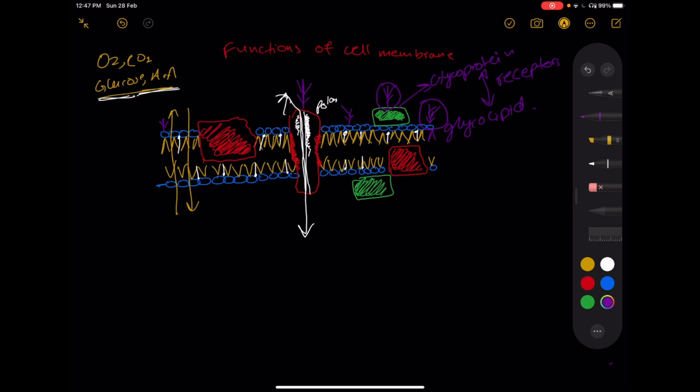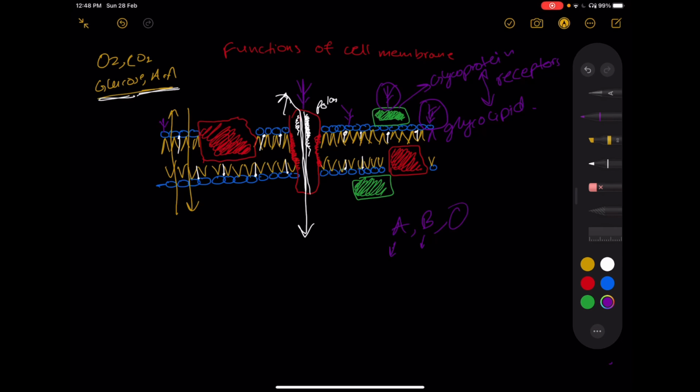You might have heard that your blood group is A or B, B positive, B negative, AB, O. So you might have heard about your blood groups A, B, and O. What these basically are is different glycoproteins. A is a different glycoprotein, B is a different glycoprotein. This is a way for your red blood cells to identify themselves as your own, so that your body can detect whether there are foreign cells present in the body or not.